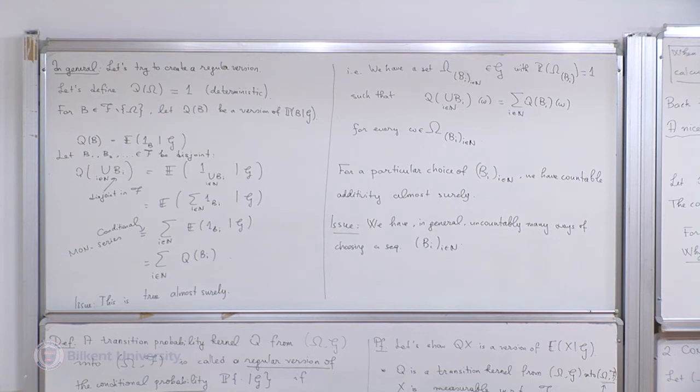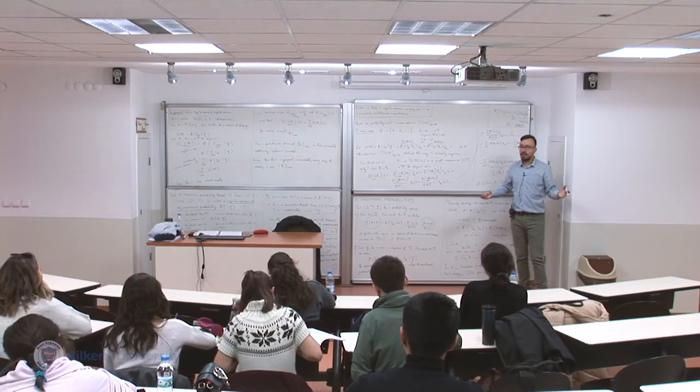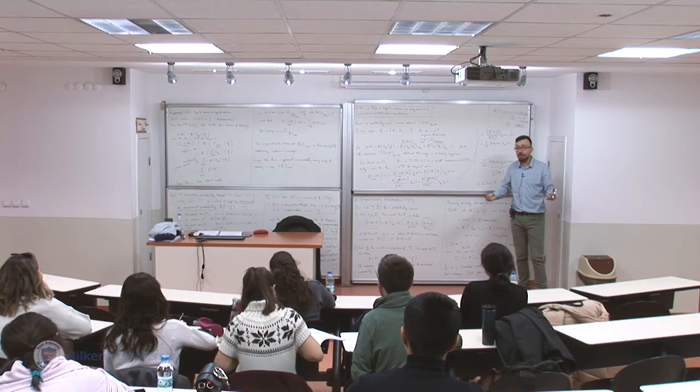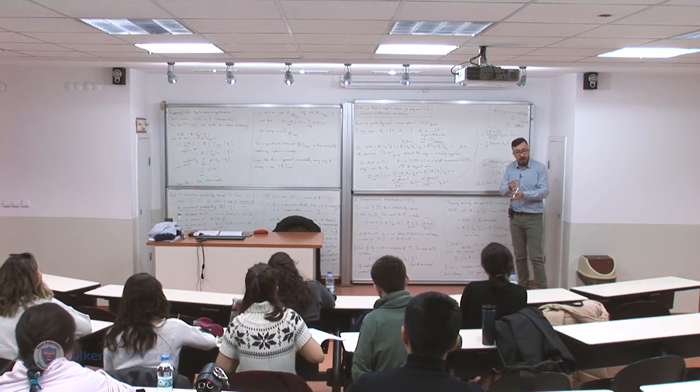Therefore, if you take the union of uncountably many almost sure events, this is something meaningless. It might even fail to be measurable.